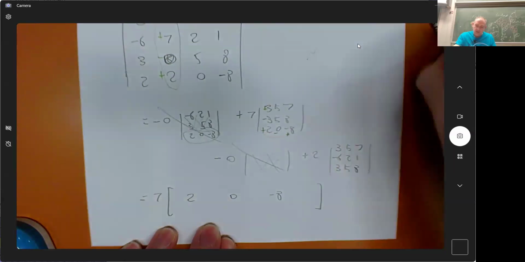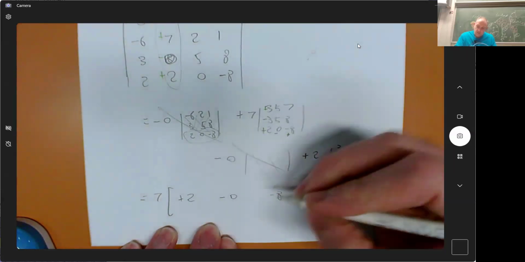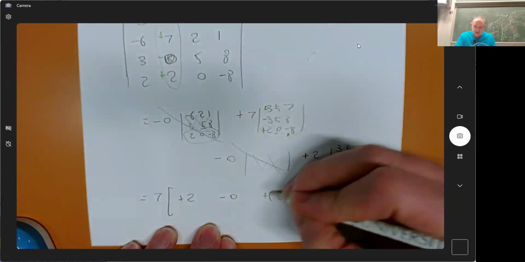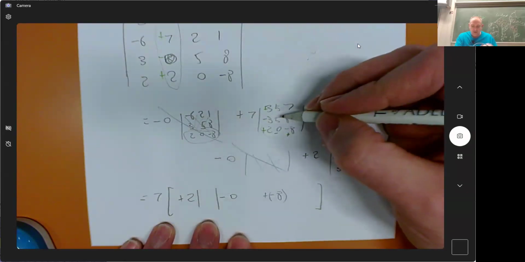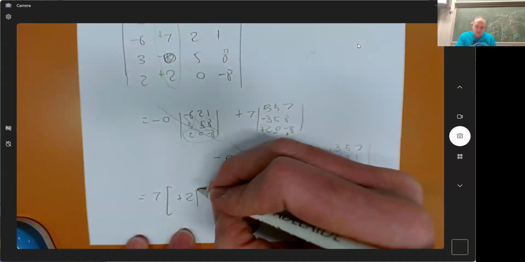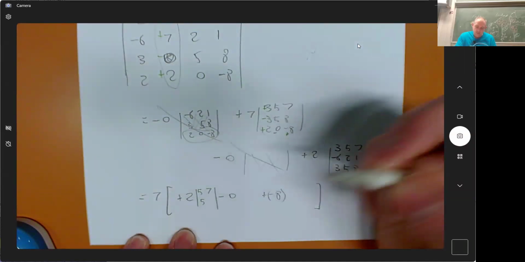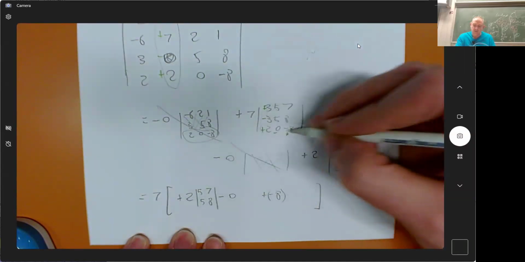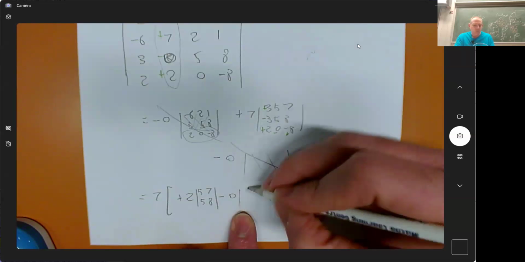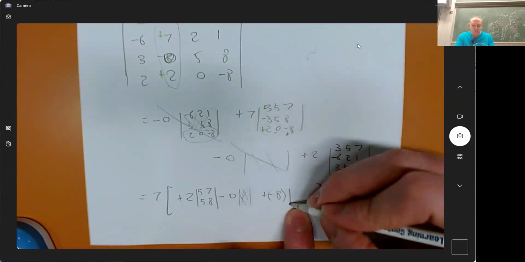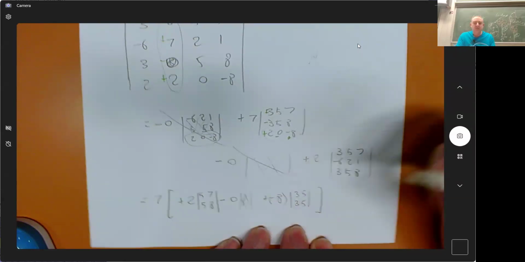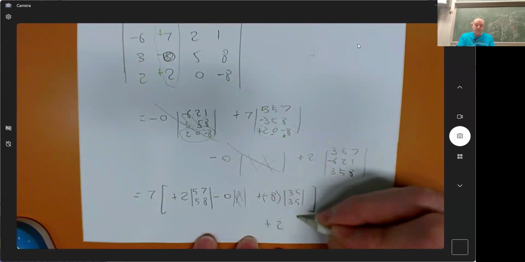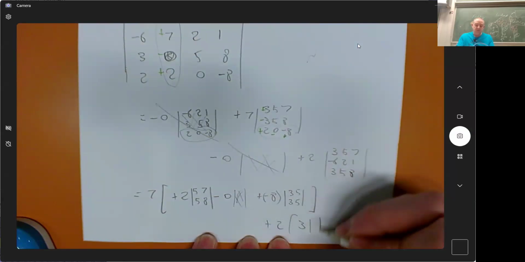Plus 2, minus 0, and plus minus 8. And then this determinant is 5, 5, 7, and 5, 8, because I removed that one. And this one is 3, 5, 3, 5. And so on. This one would be made of 3 pieces.